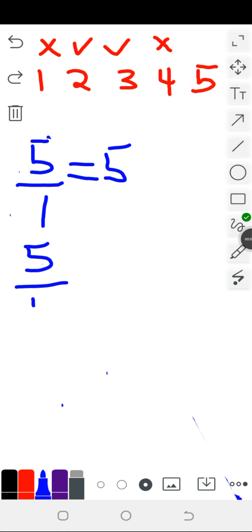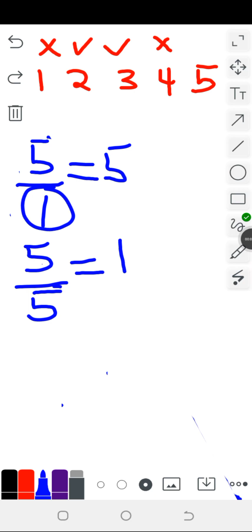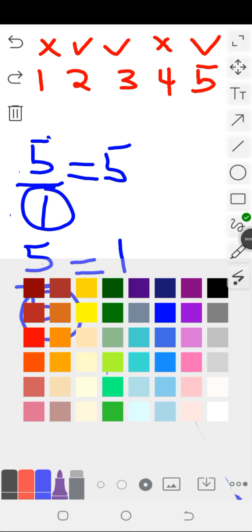Itself of 5 is 5, used to divide itself, will give us 1. Aside from 1 and itself of 5, there is no other number that 5 can divide to give a whole number. So in that sense, we say 5 is a prime number.